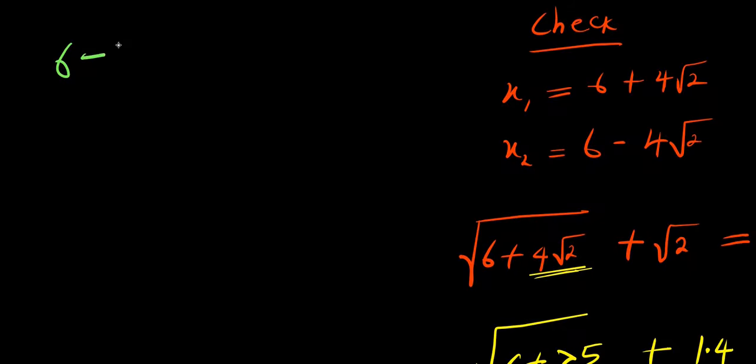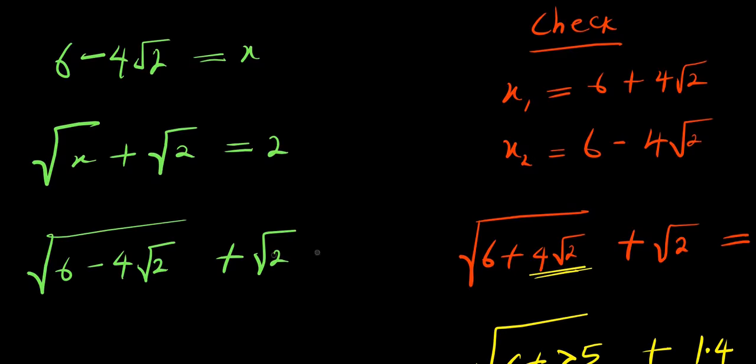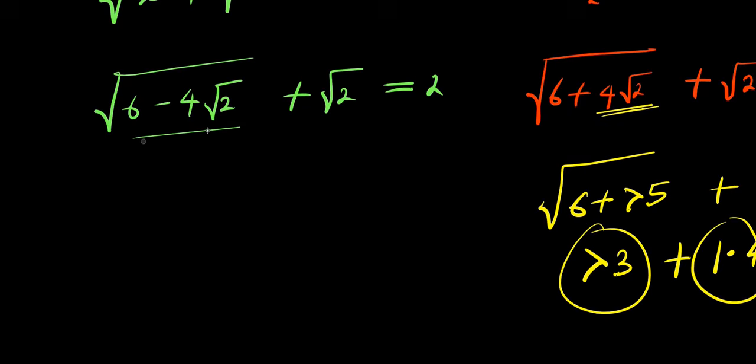Let's consider 6 minus 4 root 2 as x. So we remember we have square root of x plus square root of 2 equals 2. That means we have square root of 6 minus 4 root 2, plus root 2 equals 2. This will give you about 0 point something, because 4 root 2 is about 5 point something. So 6 minus 4 root 2 is obviously less than 1.